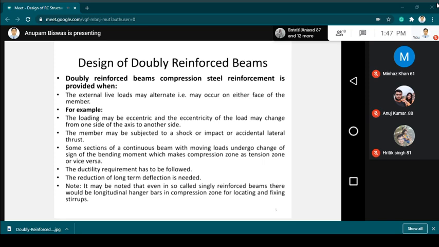Both positive and negative bending moment can be seen on a span of the beam. So this external lateral load is to be counted. Then for those we also have to consider reinforcement at the compression zone.